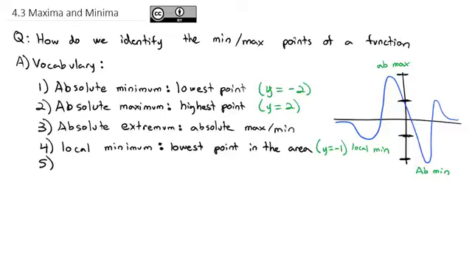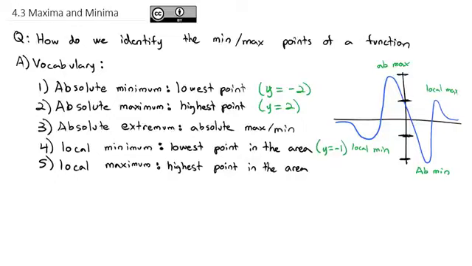And similarly, we can have a local maximum, which, as you would expect, is the highest point in the area. And the local maximum, you'll see off to the right with this little peak, is the local max.